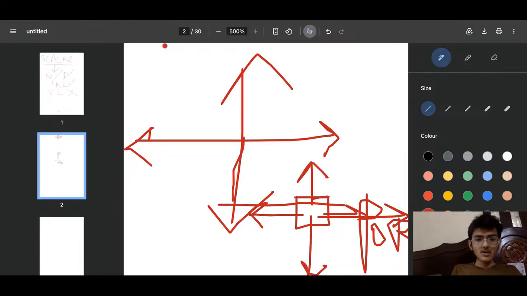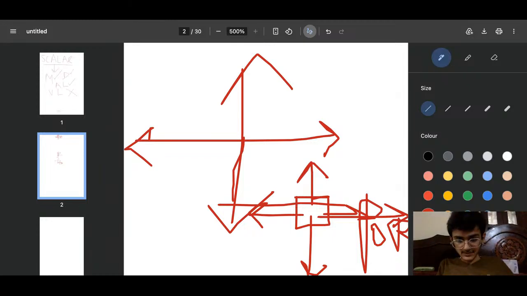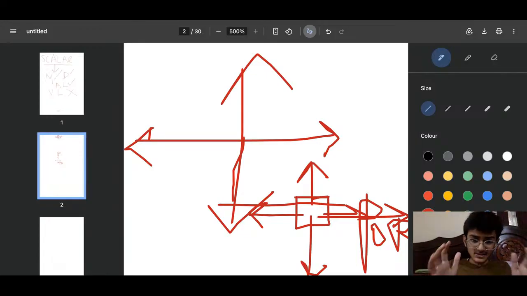So what happened when I changed the point of reference? Then the whole concept of north, south, east, west is not applicable. But a person who knows about the point of reference will, when explaining this concept of north, south, east, west, first give you the point of reference.